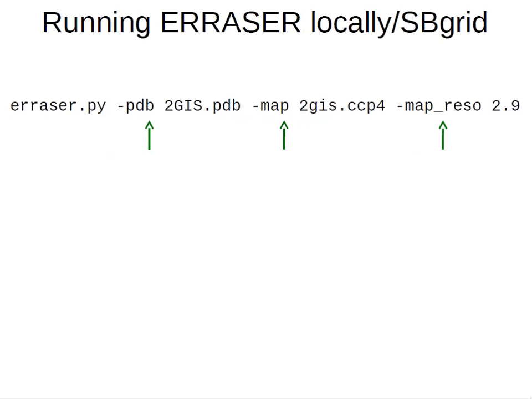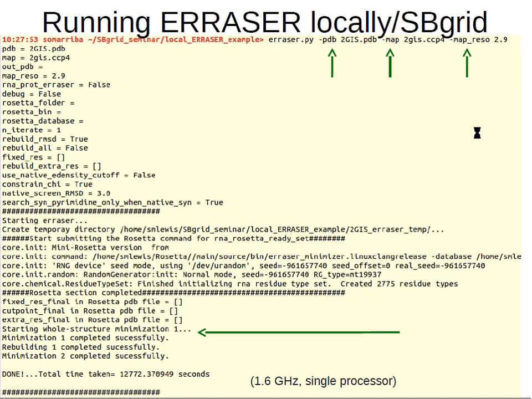It's a command line interface. Erraser.py is the script that runs Erraser. It takes arguments: what PDB am I working with, what map am I working with, and what's my map resolution. And so you run that command line, and you get a little bit of text output, and then at the end you get your completed model.